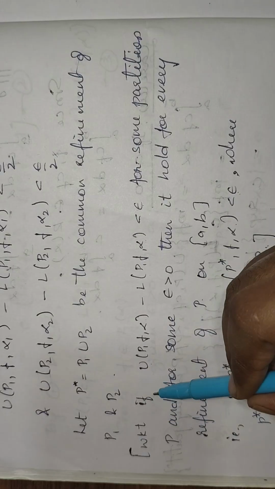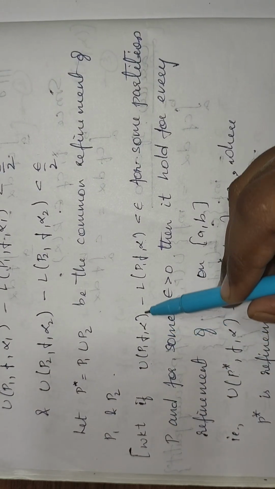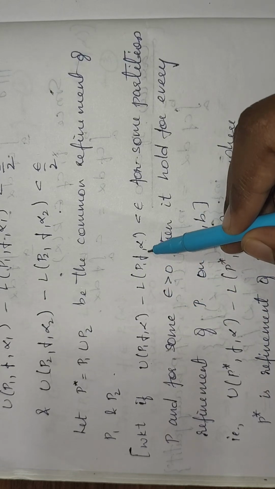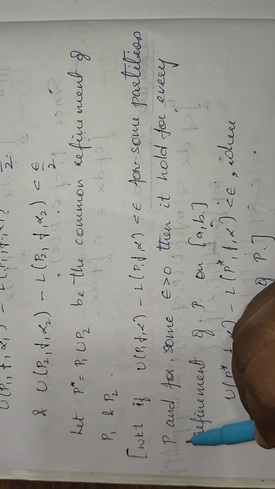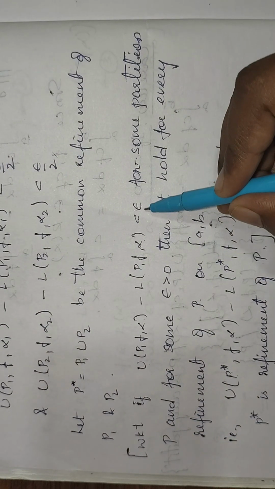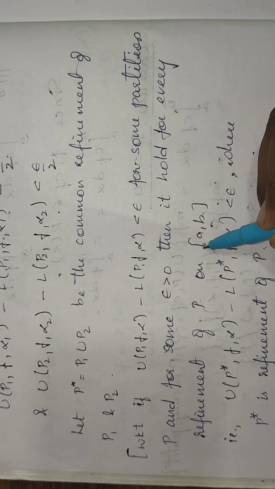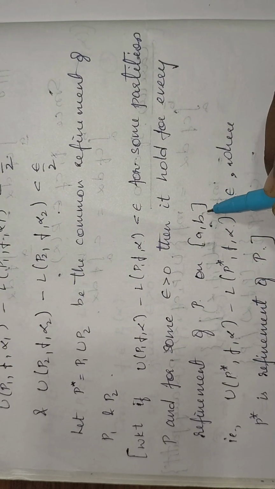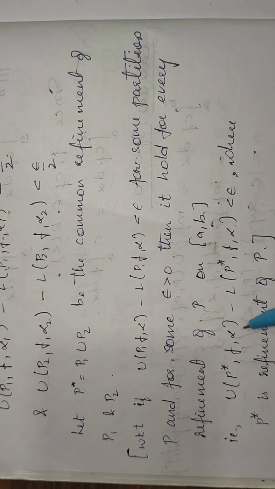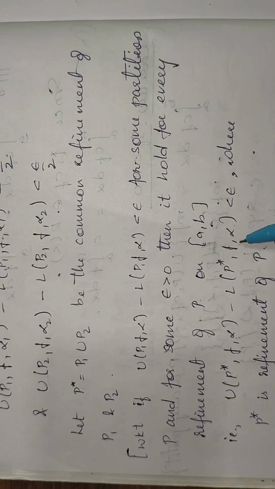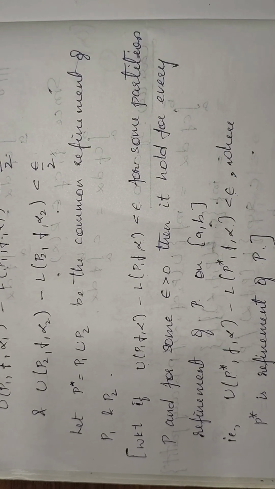Okay, see, and also we know that from the previous theorem, if U(P, f, alpha) minus L(P, f, alpha) is less than epsilon for some partition P and for some epsilon positive, then it holds for every refinement of P on the closed interval [a, b]. That is, U(P star, f, alpha) minus L(P star, f, alpha) is less than epsilon, where P star is the refinement of P.